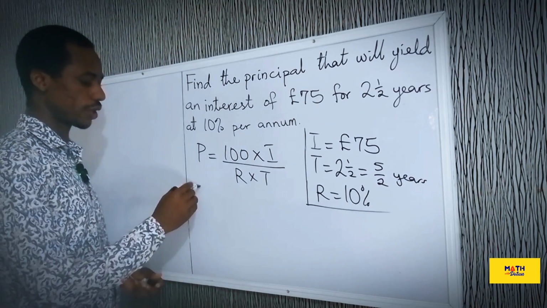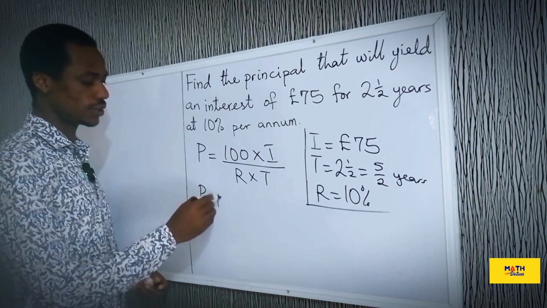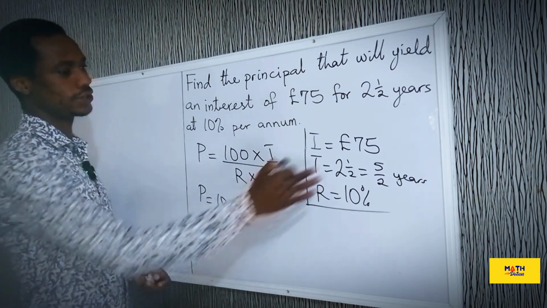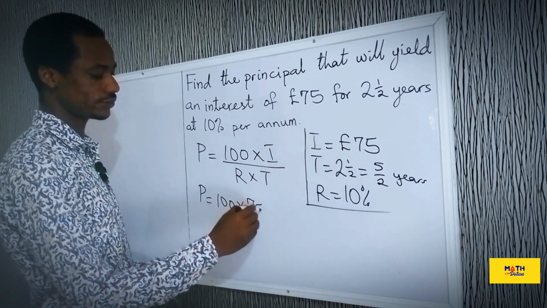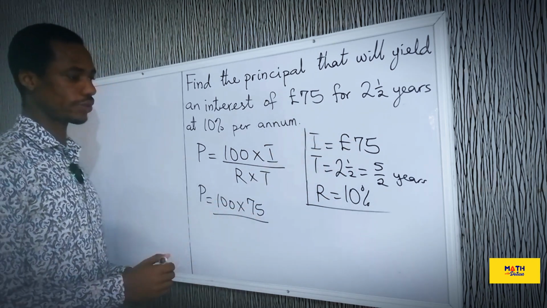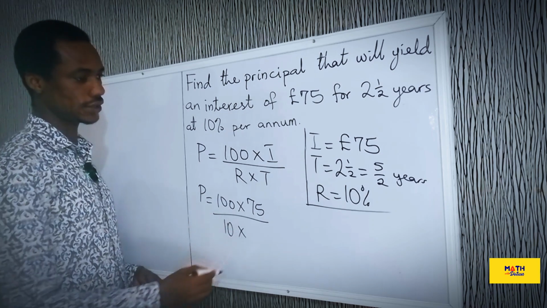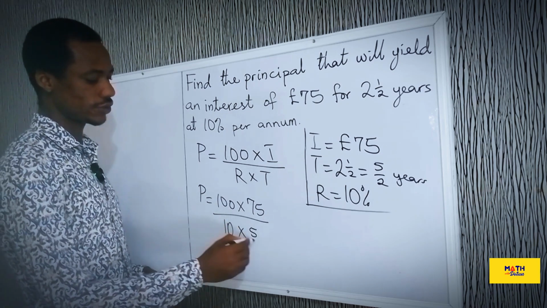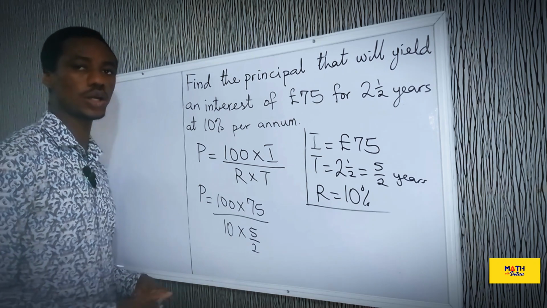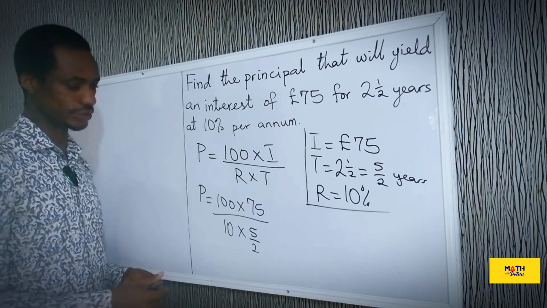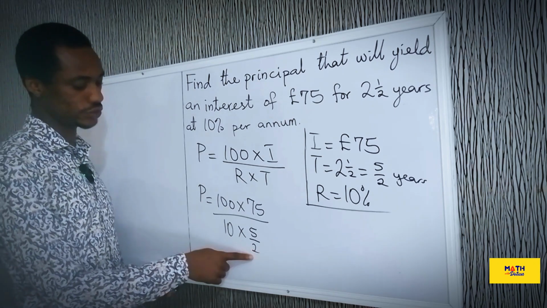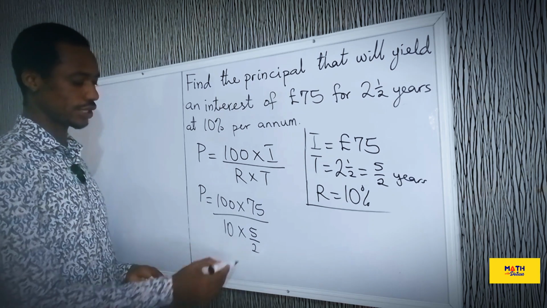So we have principal equals 100 times the interest, which is 75, all over the product of rate and time. Rate is 10, and then the time is 5/2. I like to do this. So now I just check if 2 can divide 10 to eliminate this fraction.